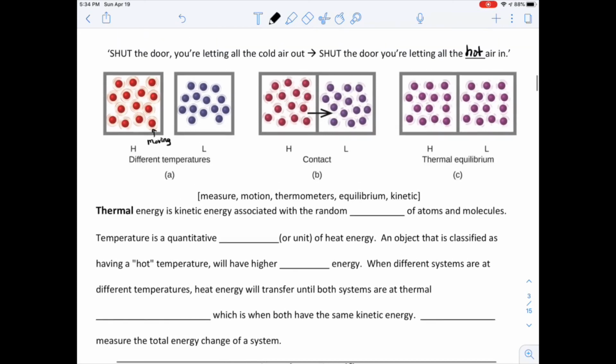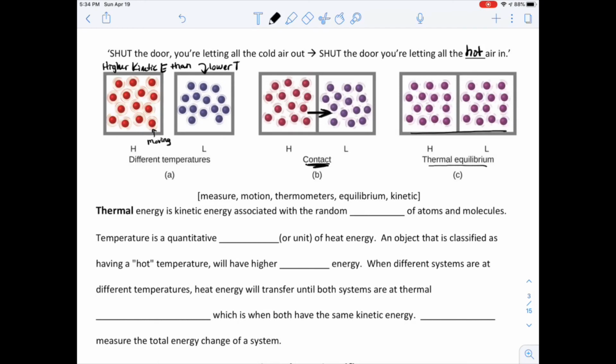So the red side has higher kinetic energy, that's the movement of the molecules, than the lower temp. They haven't touched each other yet, but as soon as they come into contact, again, the high energy molecules are transferring kinetic energy to the colder molecules. And you'll see the colors kind of begin to average until you end up at thermal equilibrium.